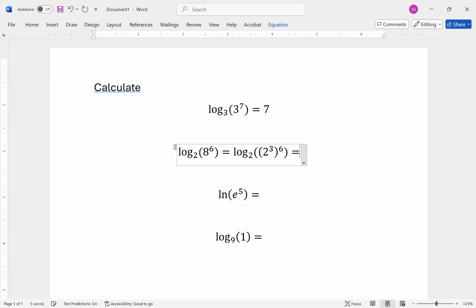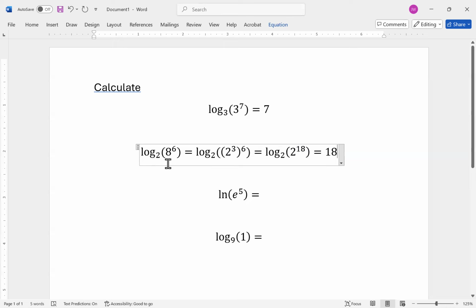Using the rules of exponents, that's log base 2 of 2 to the 18th power, which is going to be equal to 18. Having the ability to rewrite 8 as 2 to the 3rd and then use rules of exponents allows us to solve a problem like that.